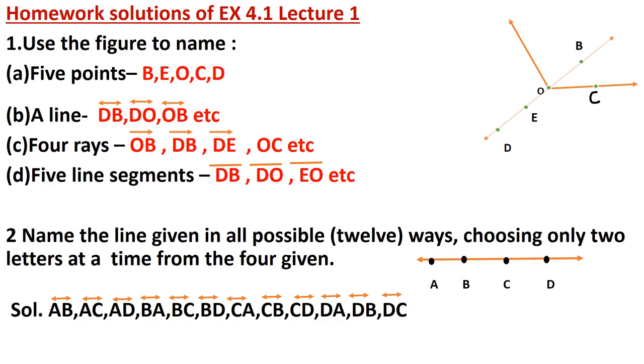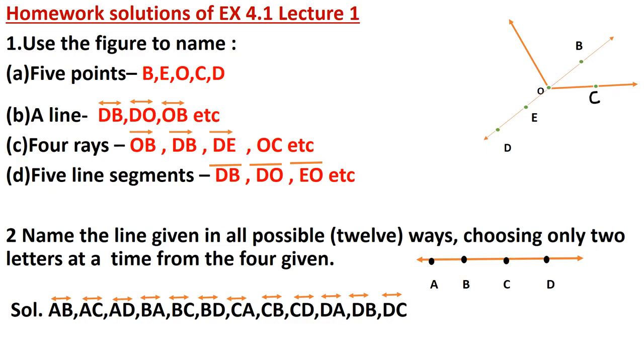So AC is one of the diagonals. AD is one of the diagonals. Then CE is one of the diagonals. Then DB is one of the diagonals. And BE is also a diagonal. Clear? Now, on the basis of the above explanation, you have to do exercise 4.2, questions 1 to 5.